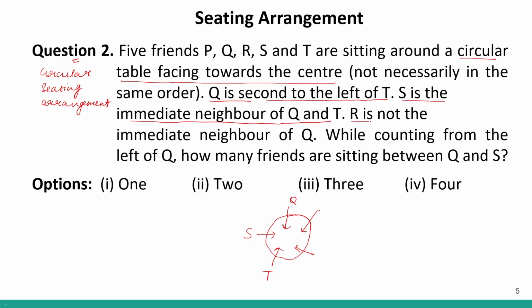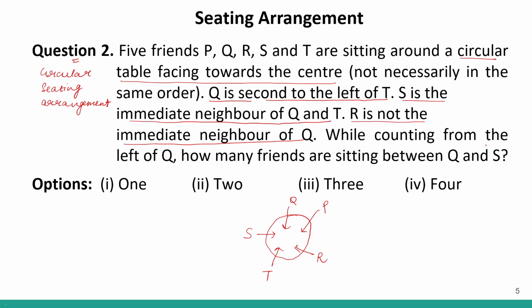Now it is given to us that R is not the immediate neighbor of Q. So R cannot come here. So R will come over here. Now only one position is remaining. We can put P over here.